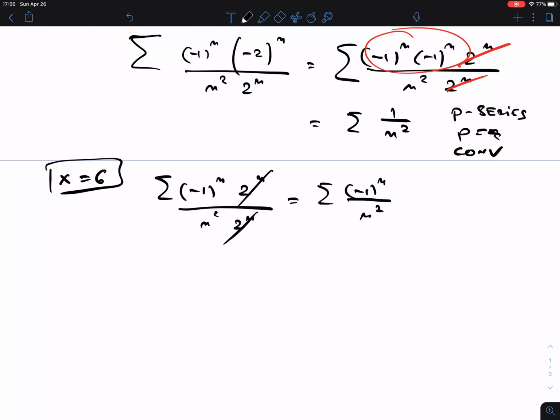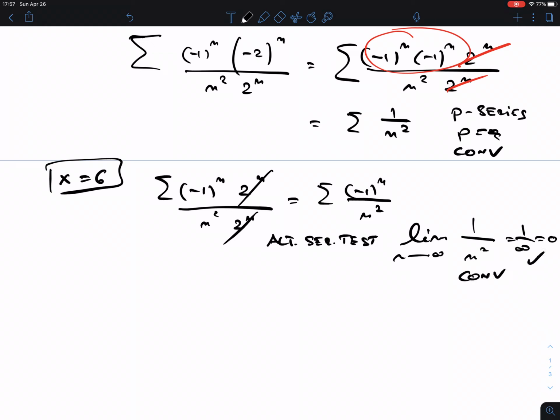Now, we can do the alternating series test. That's perhaps the first thing you think of, because it's an alternating series. So that means I have to take this limit. It's 1 over infinity, which is 0. So again, it's convergent as well. Alternatively, you can say, look, this series is a p-series, and that's the absolute value of this series.